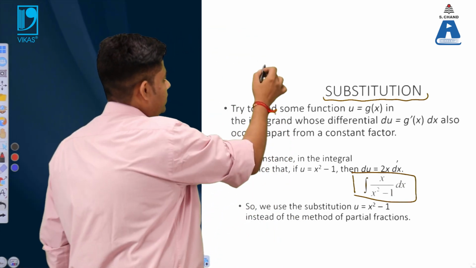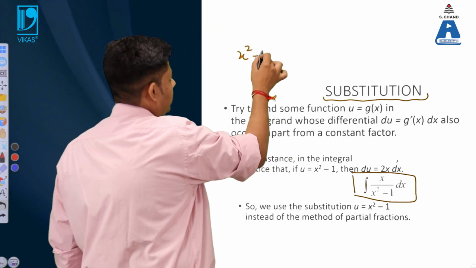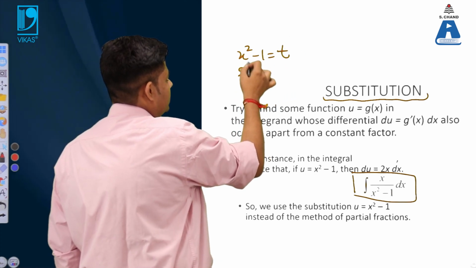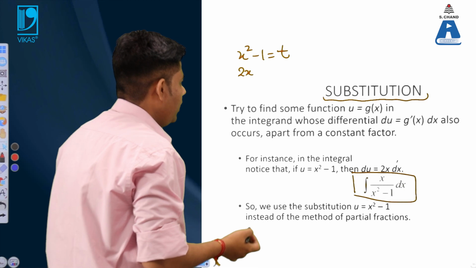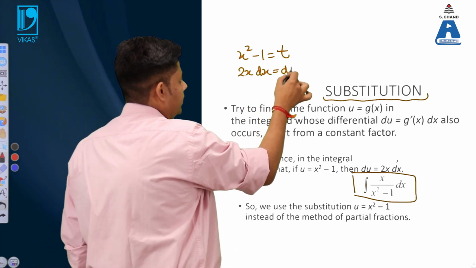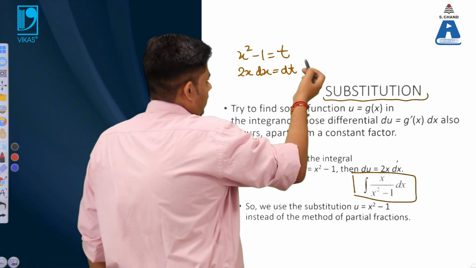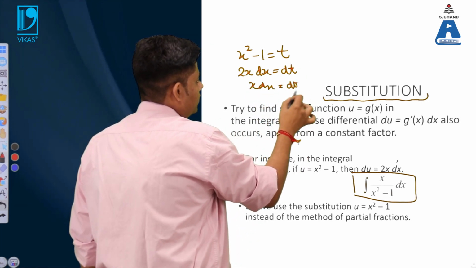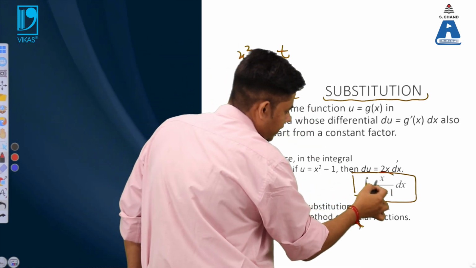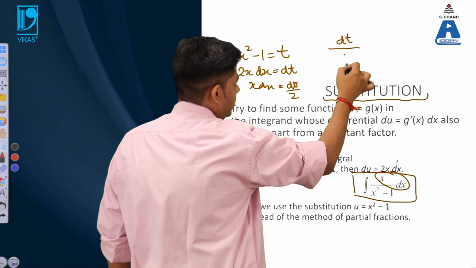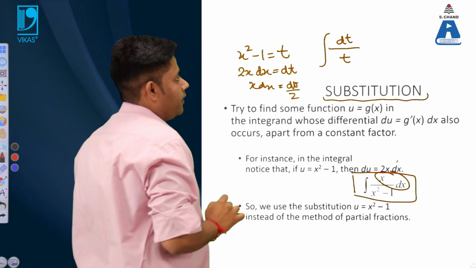So we substitute x square minus 1 as t, and then we differentiate it. 2x is the derivative of x square, and additionally dx will come, and on the other side it would be dt. That means x dx would be equal to dt over 2, and we will get the denominator as t.